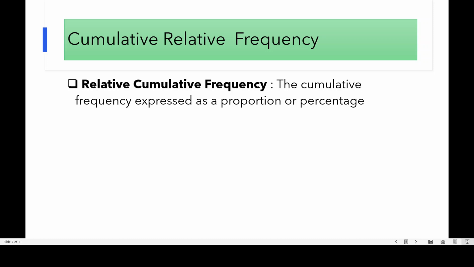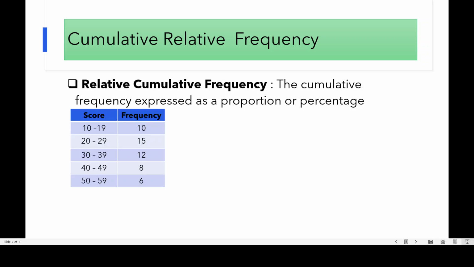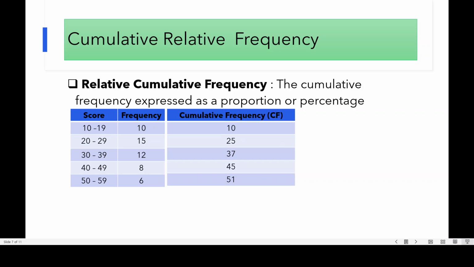Cumulative relative frequency. The cumulative relative frequency is the accumulation of the previous relative frequencies, expressed as a proportion or percentage. Here is the table of student scores. This is the cumulative frequency, and its relative frequency is this one.